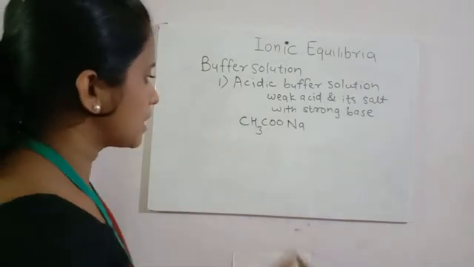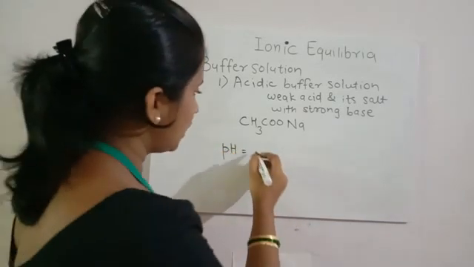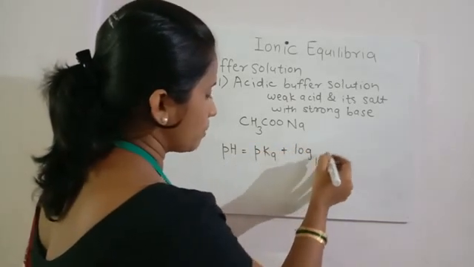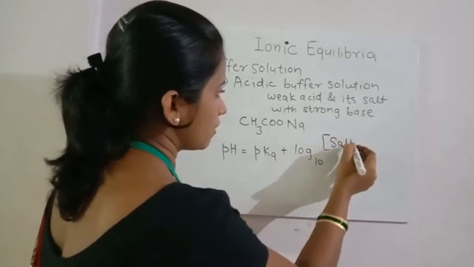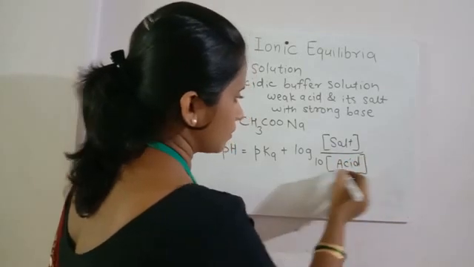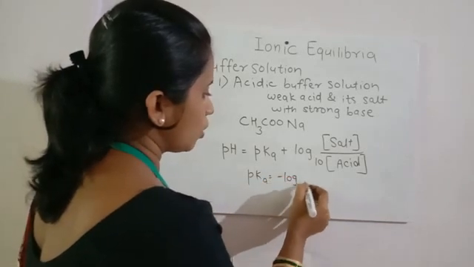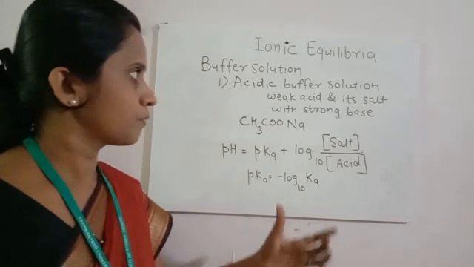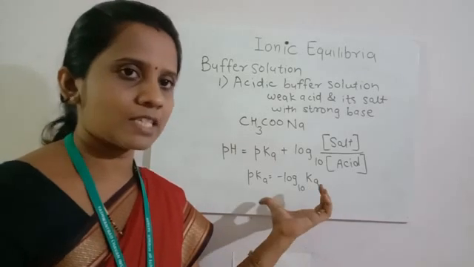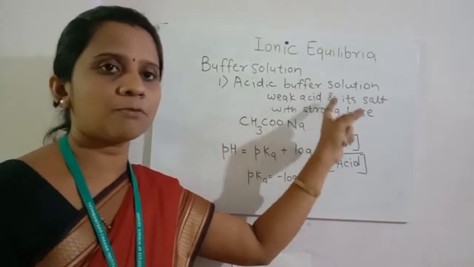Now pH of this acidic buffer is given by the equation pH is equal to pKa plus log to the base 10 concentration of salt divided by concentration of acid, where pKa is equal to negative log to the base 10 Ka. Ka is what? It is dissociation constant of acid.